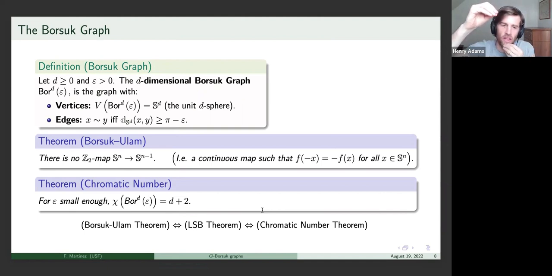Now let's say we increase epsilon, so we allow more and more edges. Is anything known about how the chromatic number transitions as you increase epsilon? Is it known, or is there a conjecture, what value of epsilon is going to mean that you need d+3 colors or d+4 colors or more?